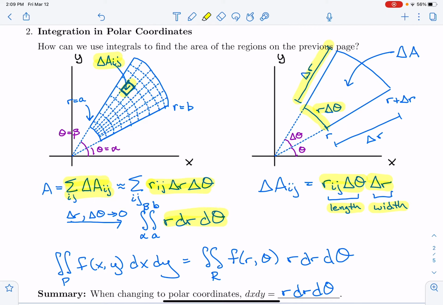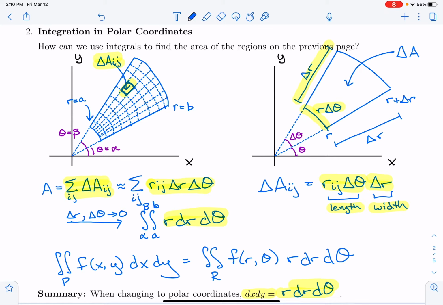And that led us to the conclusion that when looking at dA for our double integrals, in rectangular coordinates, it's dx dy, but in polar coordinates, it's r dr d theta.